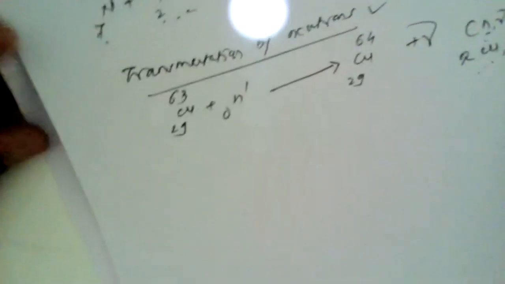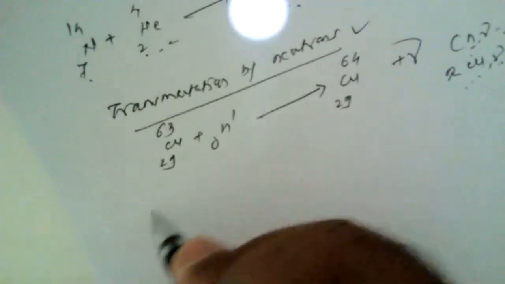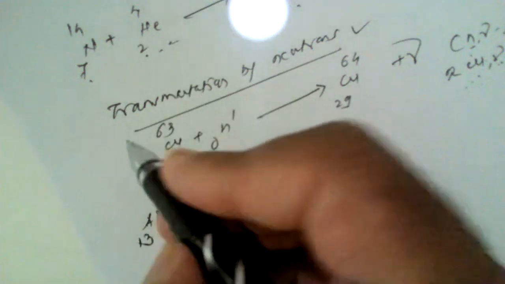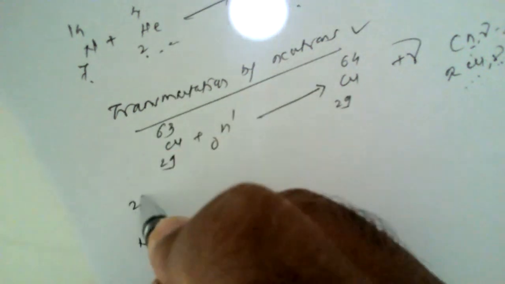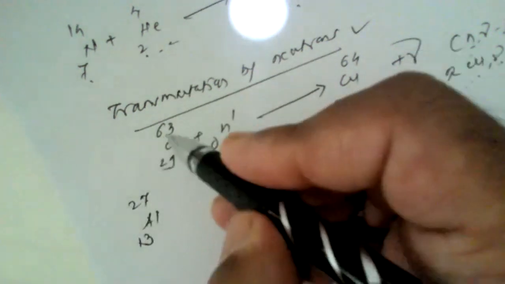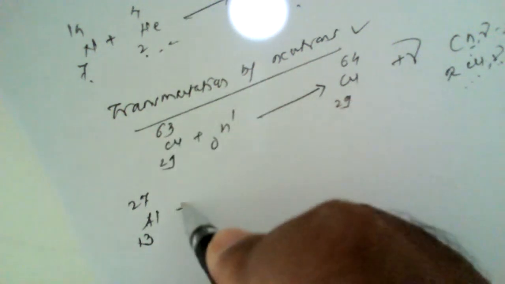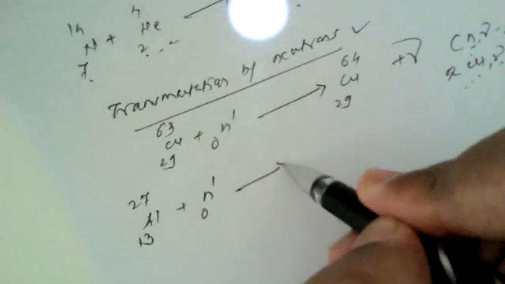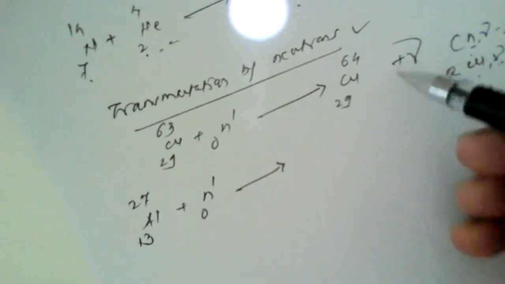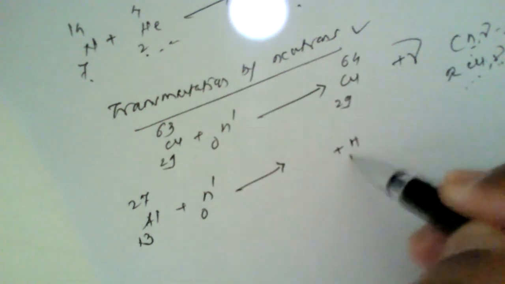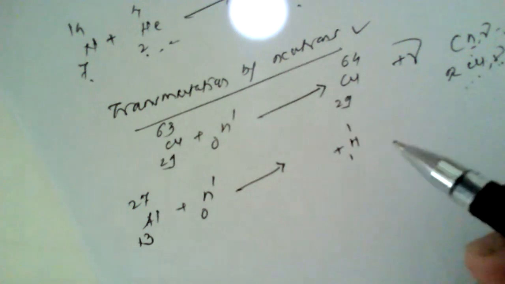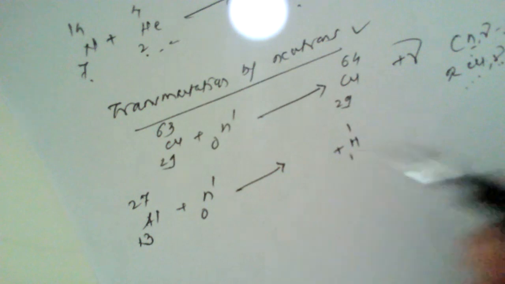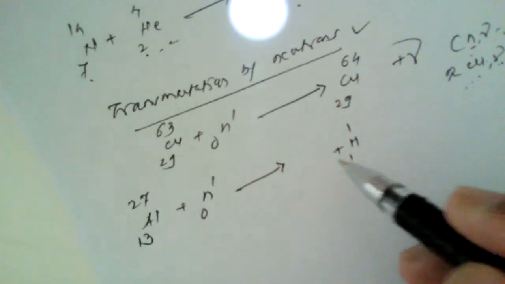Another reaction I would like to give you here is an example of aluminium. As we know, aluminium, you write side by side, atomic number 13, atomic mass 27. Again, neutrons are common here. During this nuclear reaction, if one proton is ejected, you try to work out how the products are obtained.